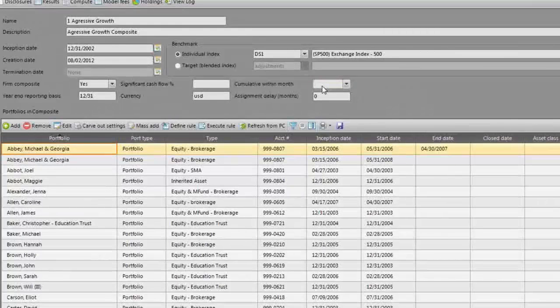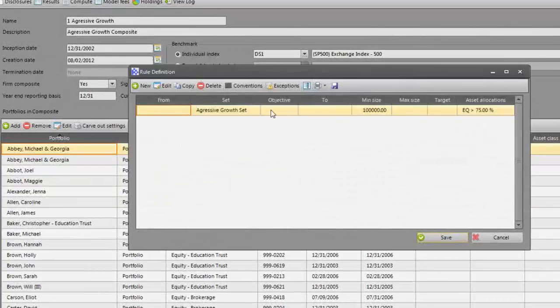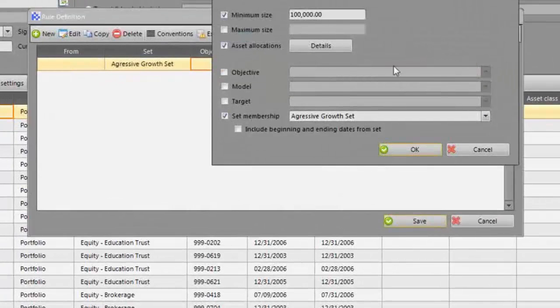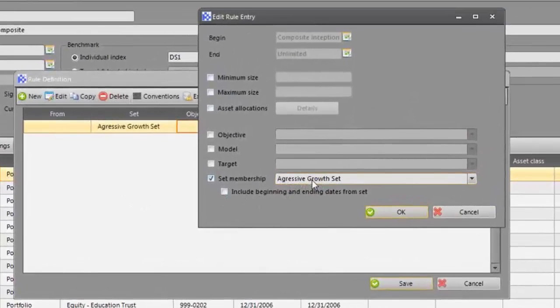Now, in addition to just selecting a bunch, I can also define a rule. And this rule is pretty simple. Actually, let's take this stuff off first. This rule says that I want to include every portfolio in this composite that's included in the aggressive growth set in PortfolioCenter.